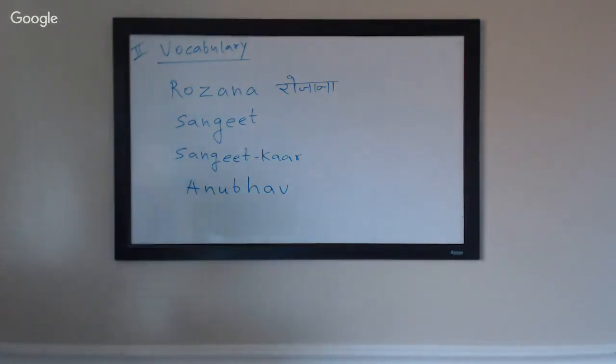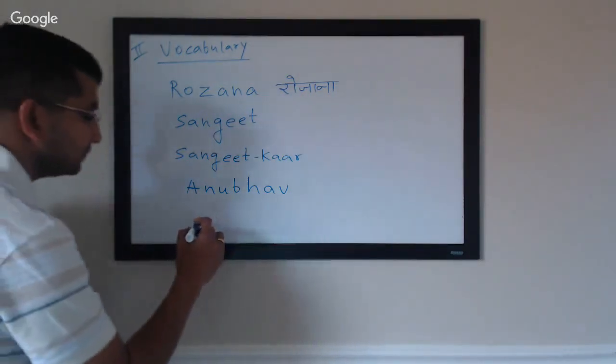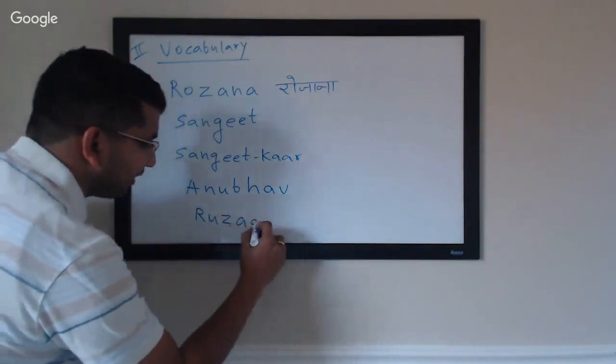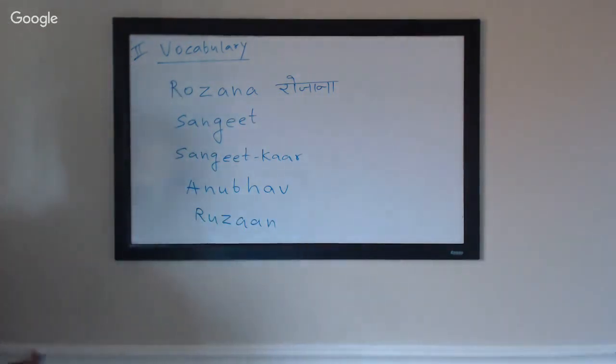Anubhav. And then the last one I have here is Rujhan. That's kind of like an Urdu word, rujhan or ruchi.